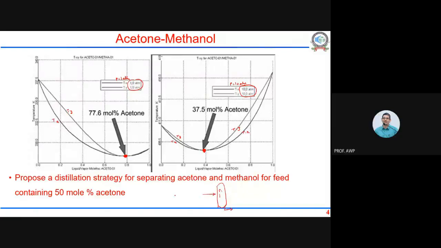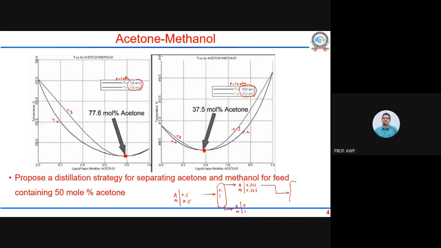I have acetone and methanol, let's say 0.5 and 0.5. Now, top of the column, acetone, methanol. Bottom of the column, acetone, methanol. So you are saying 0 and 1 at the bottom. Yes, and the top would be the azeotrope, so maybe 0.776 and 0.224. Now the next column at 10 atm pressure.